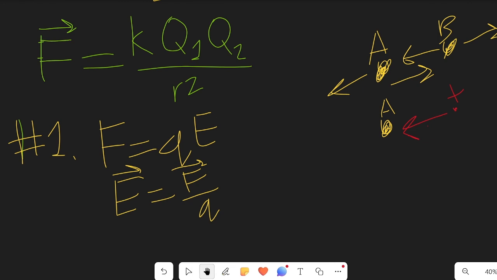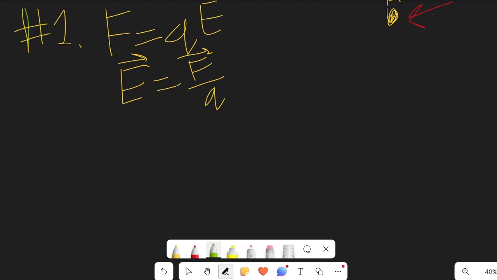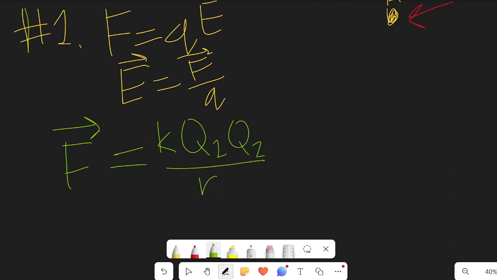So what we're going to do is take our Coulomb's law, right? Force as a vector equals Coulomb's constant times Q1 times Q2 divided by R squared, right?